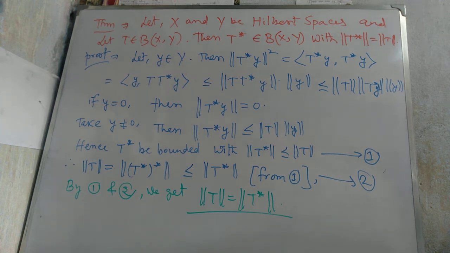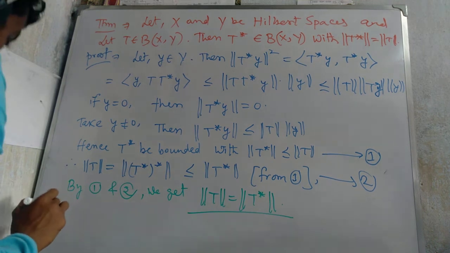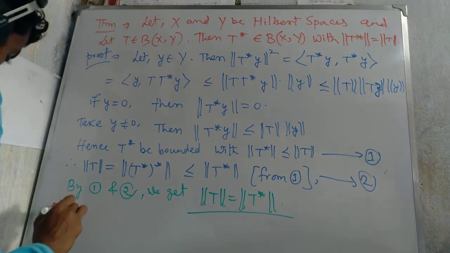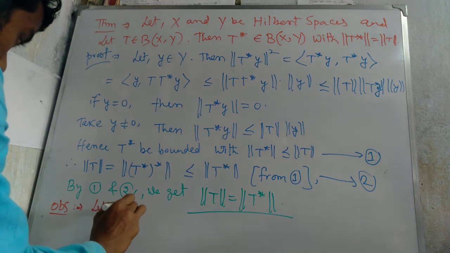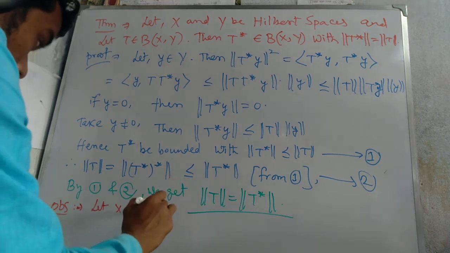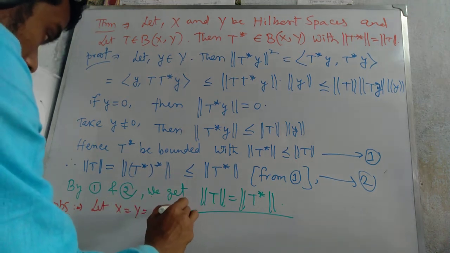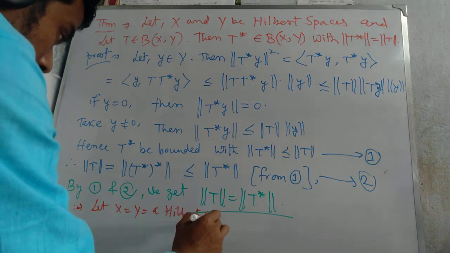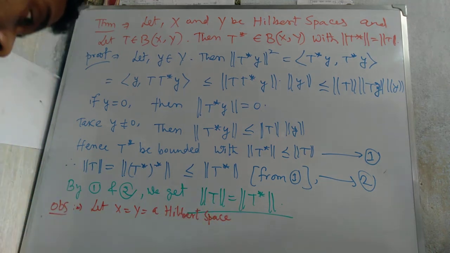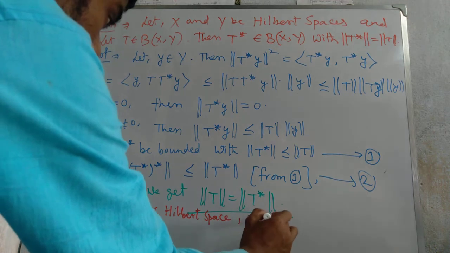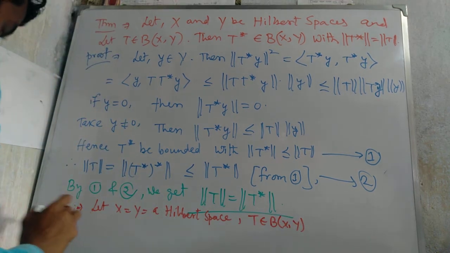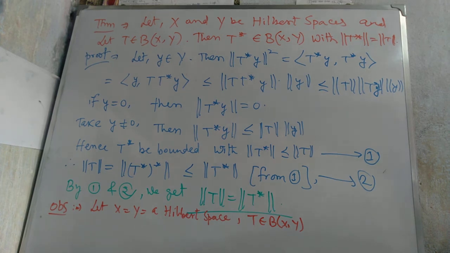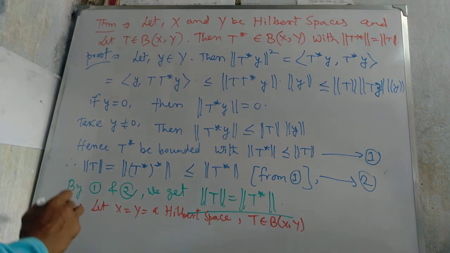Then what observation do we see here? We write the observation. Let X equal Y equal a Hilbert space, and T belongs to B(X,Y). Then what happens?